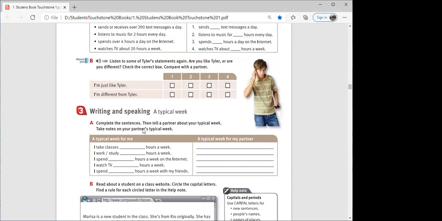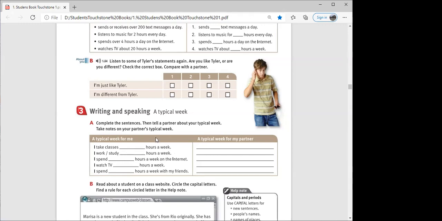Complete the sentences, then tell a partner about your typical week, then take notes on your partner's typical week. For example, I take classes 2 hours a week. Check the time expression, 2 hours a week, not per week. A week. A la semana. 3 hours a week, 6 hours a week.